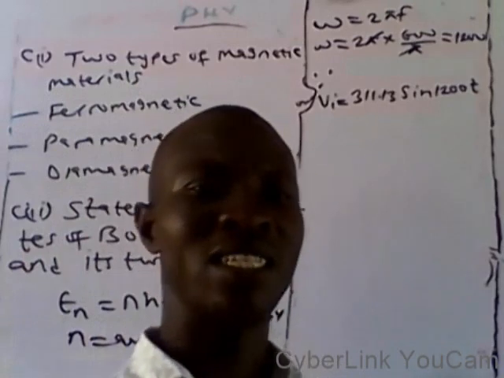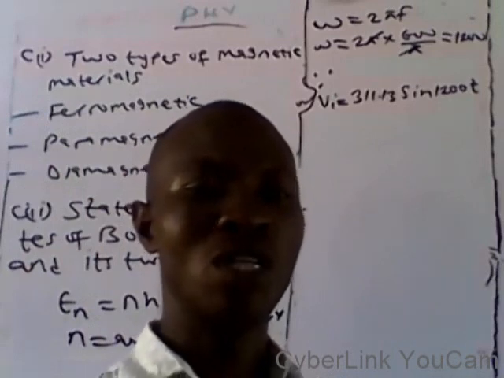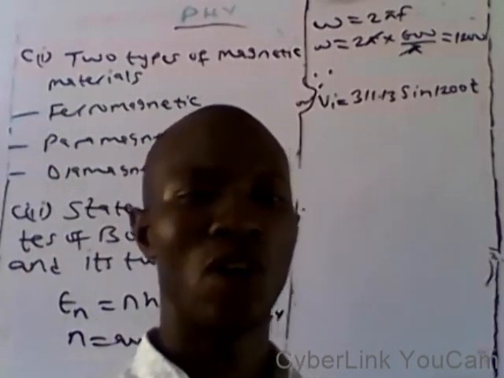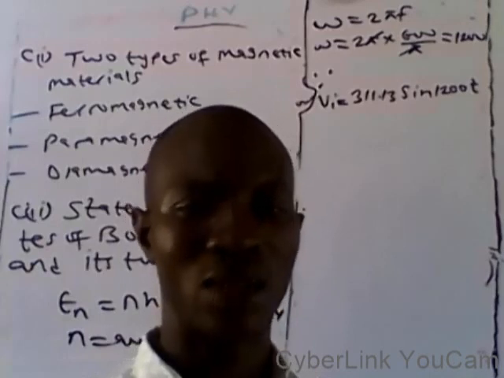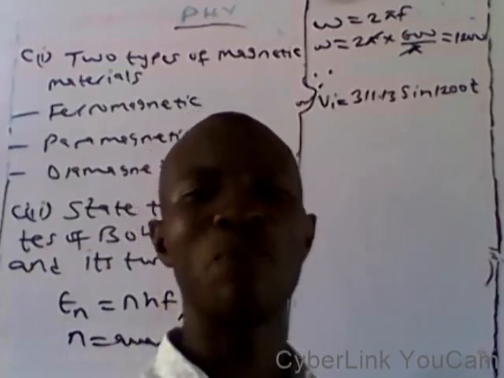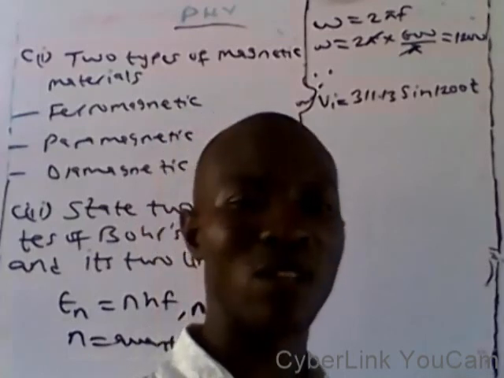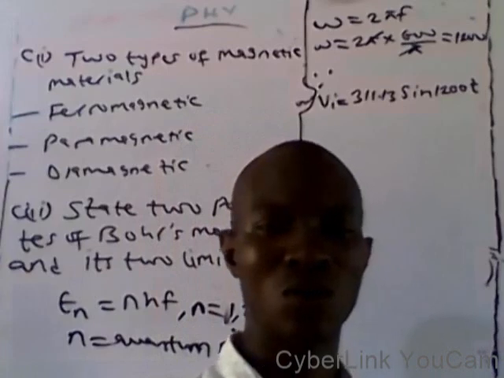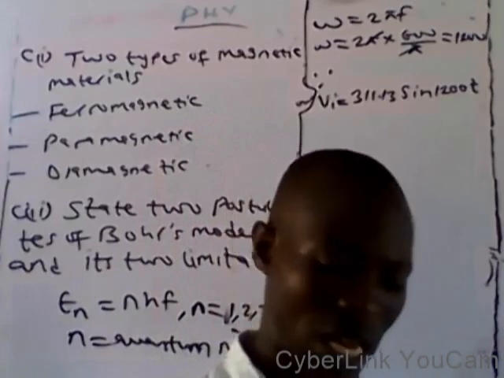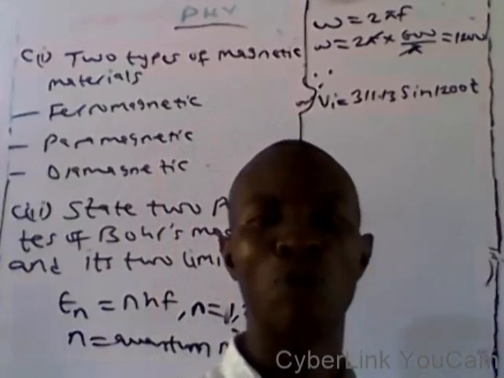That is, Bohr only proposed the model for the simplest atom, which is hydrogen, or some atoms that are very close or related to hydrogen.